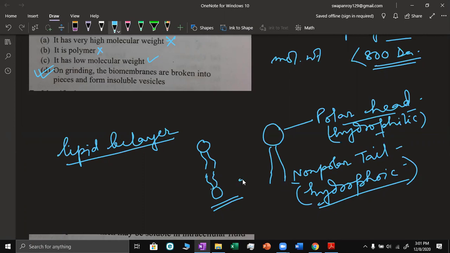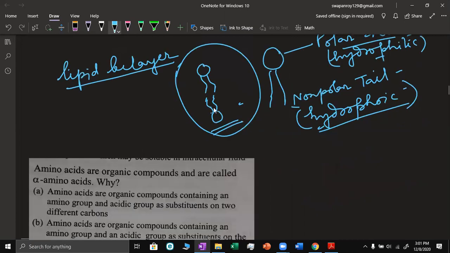All right. So what happens when, for this organic compound analysis, the tissue is crushed with acid? The plasma membrane or any other membrane within the cell is broken into pieces.